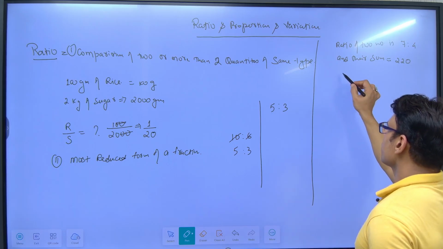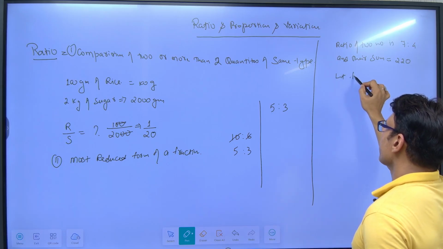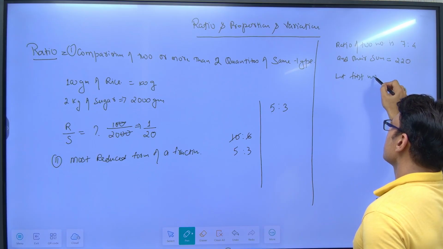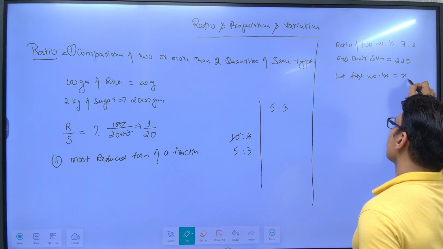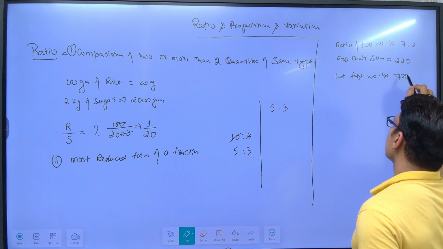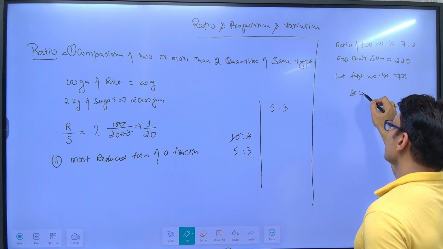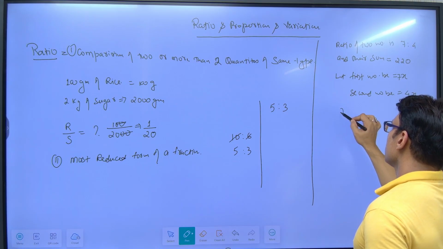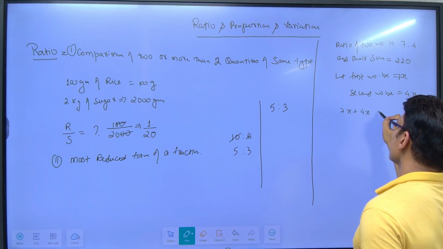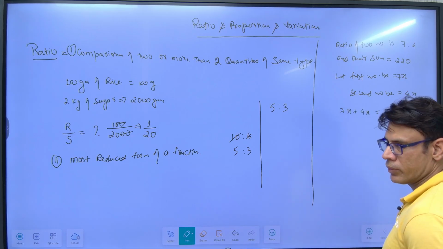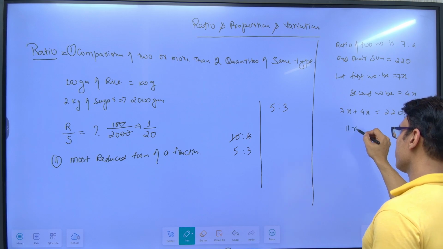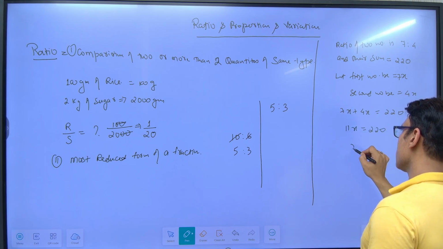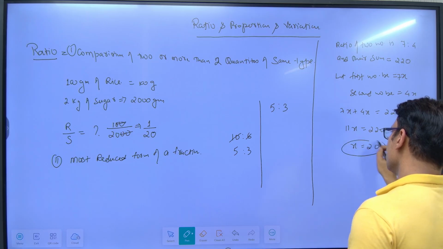So how do we solve this question? Let first number be 7x, right? And second number will be 4x. Then we write 7x plus 4x is equal to 220. And this will give you 11x is equal to 220, x is equal to 20.